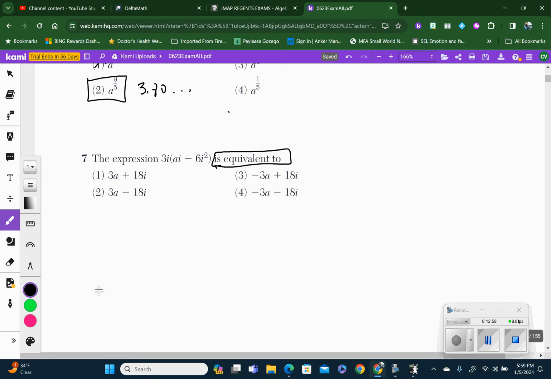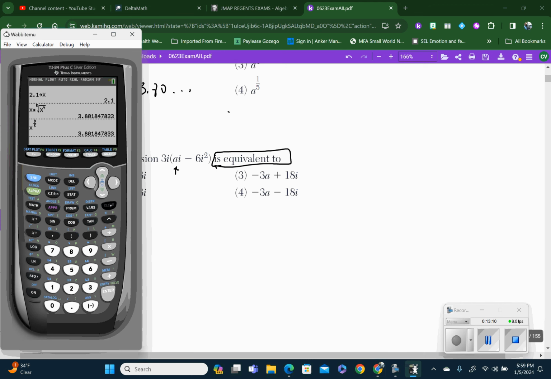Again, is equivalent to. So technically, there's no X's, there's an A, and the rest of them are I's. So you could store a number in for A. Actually, we could even just use our X because X is equal to 2.1 again. So I can go 3, I is second decimal point, right?